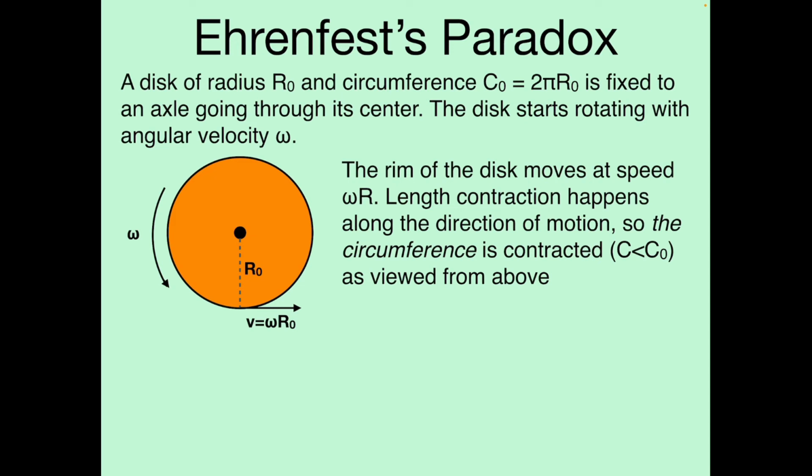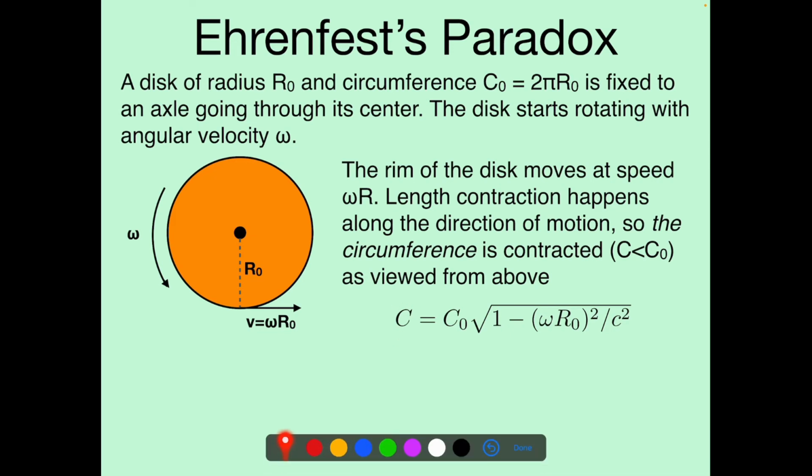That means the circumference, if we're viewing it from above like this, is contracted. So now the circumference is less than c0. It's less than 2 pi times r0. And if we want to exactly say what the contracted length is, remember the formula is the contracted length is the proper length times the square root of 1 minus v squared over c squared. So here the contracted length for the circumference is c.